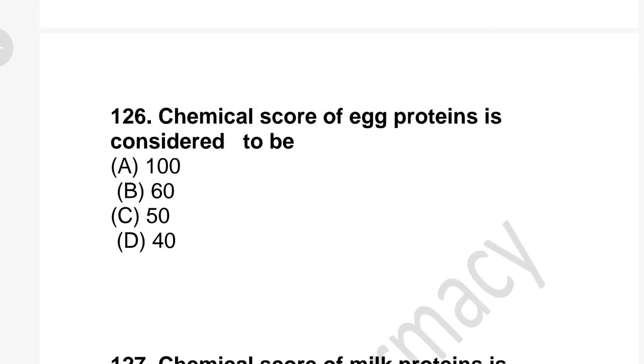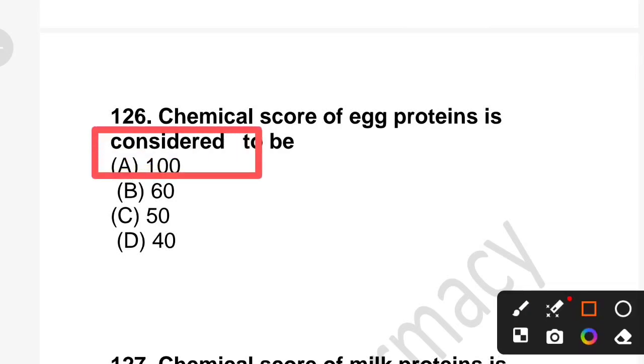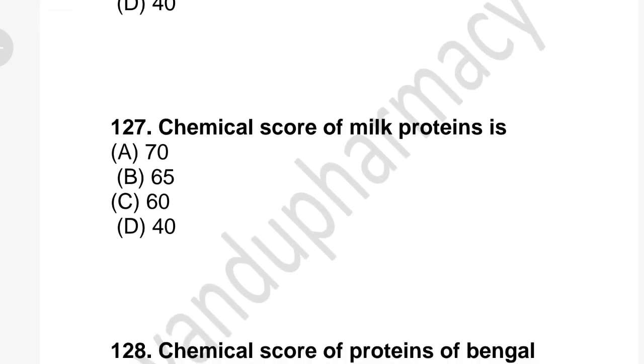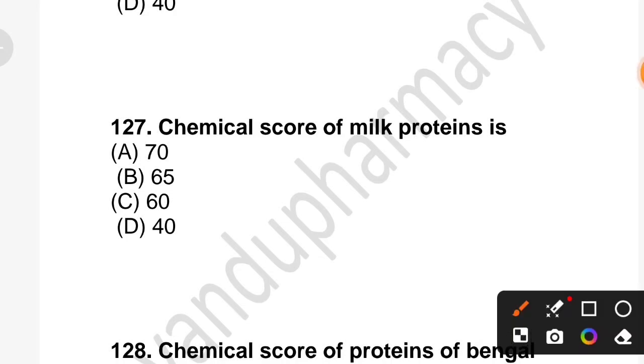Right answer is option A 100. Chemical score of milk protein is option A 70, option B 65, option C 60, option D 40. Right answer is option B 65.